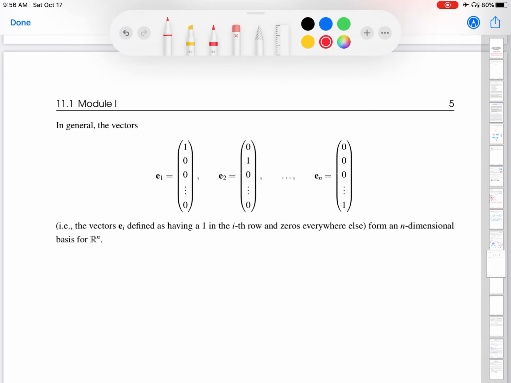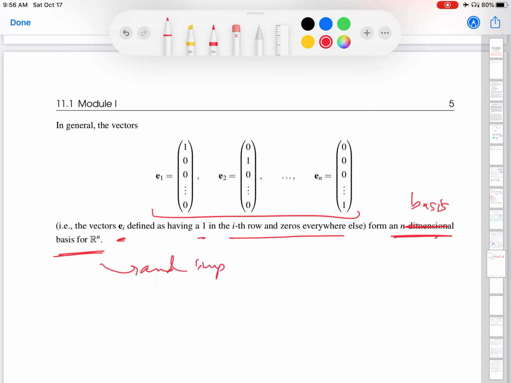In general, the vectors E1 through En, where Ei, as we said, means that you have a 1 in the ith row, form a basis for Rn, and imply the dimension of Rn equals n.